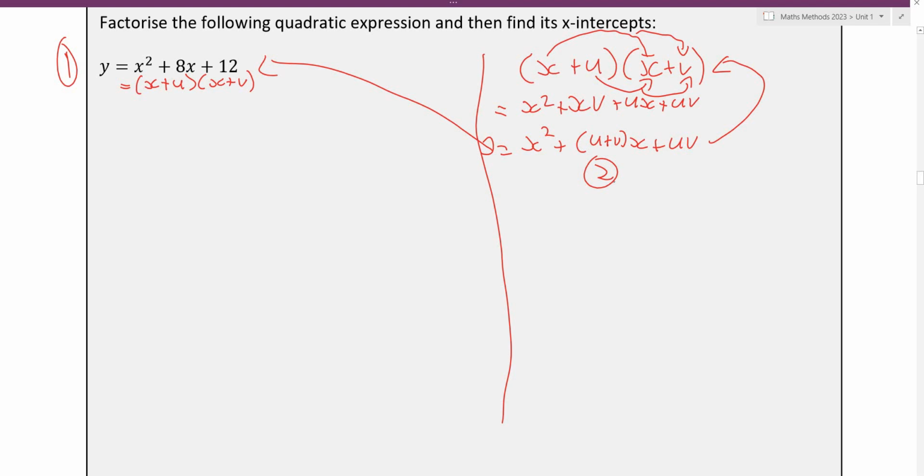If we match up number 1 and number 2, where the u plus v is, it has to equal 8. So I can make the call that u plus v equals 8. What does u times v match up with? 12. So can you fix that 8?